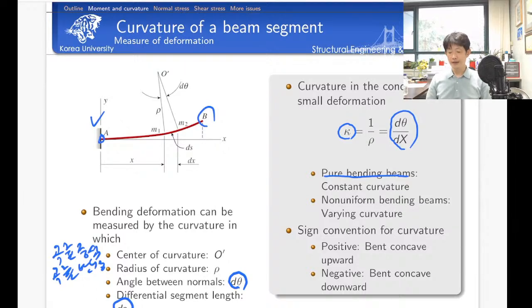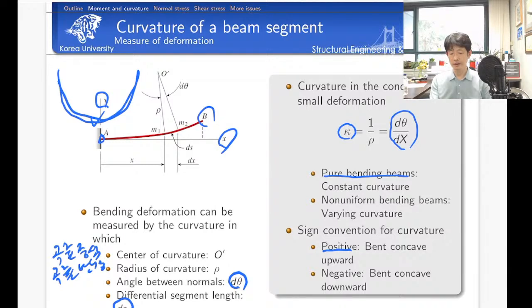So now let's define the sign convention for the curvature. If you understand the choice of the Cartesian coordinate system, typically we choose the curvature in this direction as positive. That's why we'd like to follow the same conventional sign convention for the curvature. We choose the curvature as positive if the beam is bent concave upward.